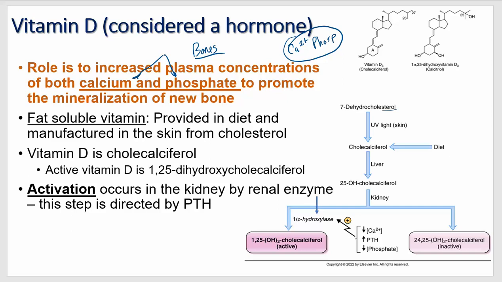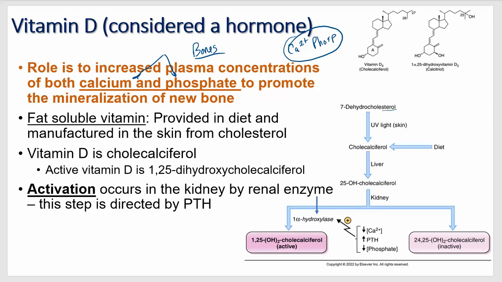7-dehydrocholesterol, yeah, and then it's manufactured. So activation occurs in the kidney by the renal enzyme 1-alpha hydroxylase, and that is going to cause the activation of it, and then it's active. So activation is going to be caused by low calcium levels.